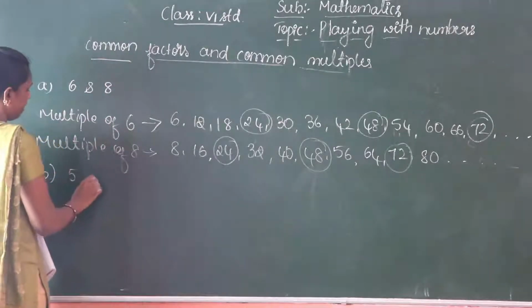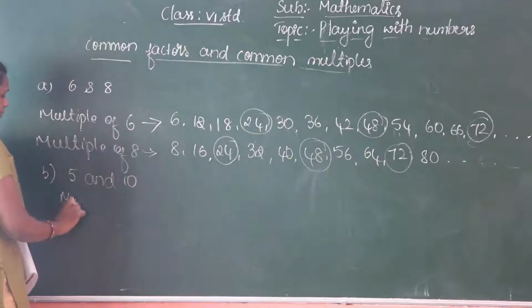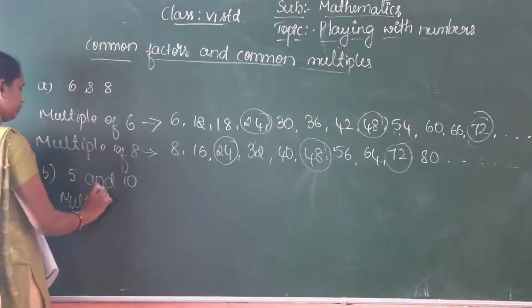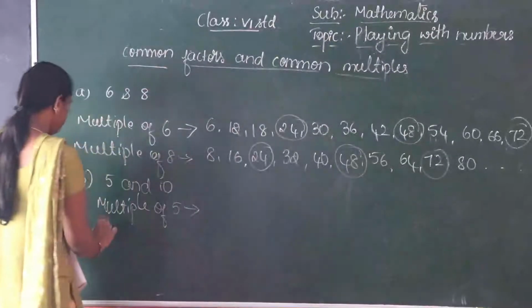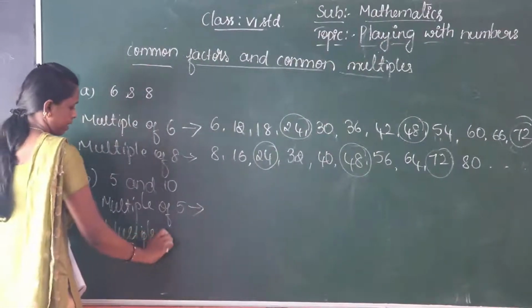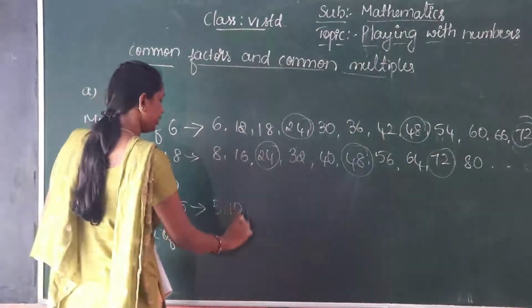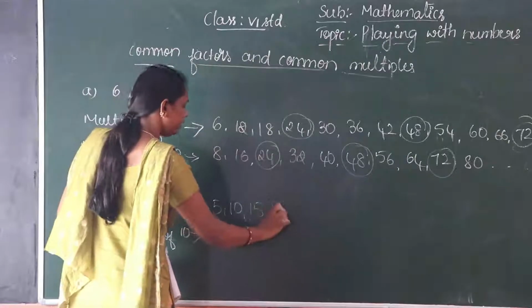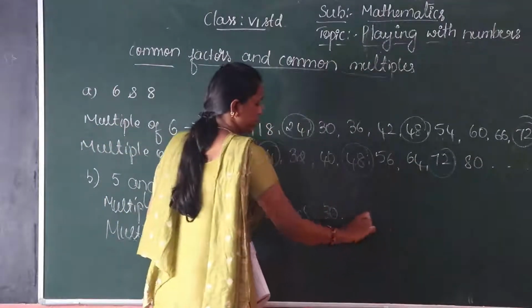If I take 5 and 10, the multiples of 5 are, you know, the fifth table, and then write down the 10th table. 5, 10, 15, 20, 25, 30, and so on.